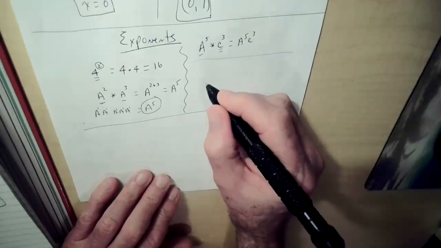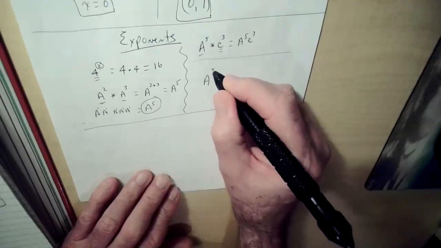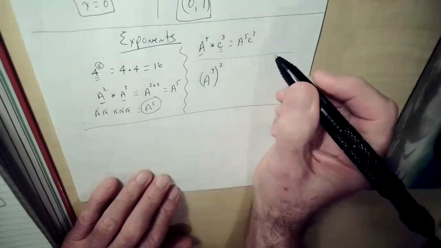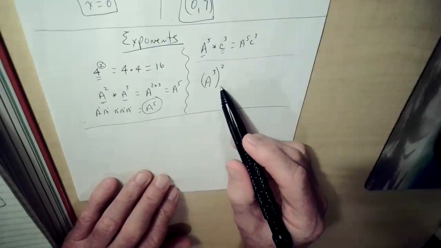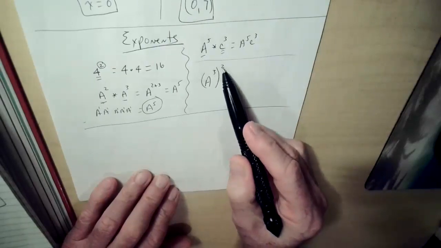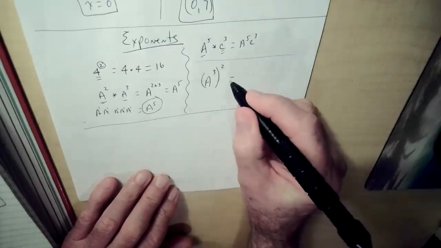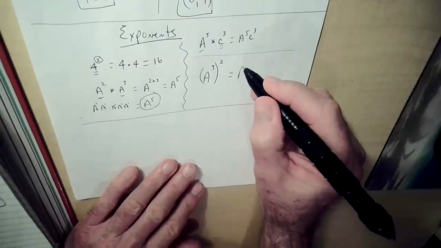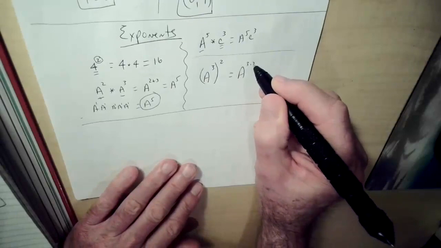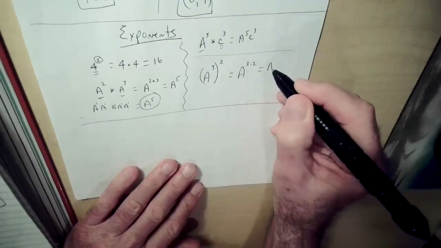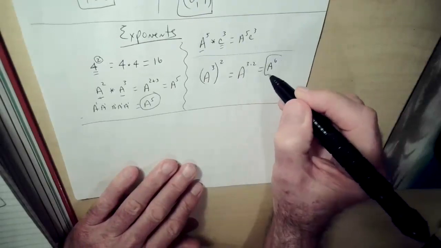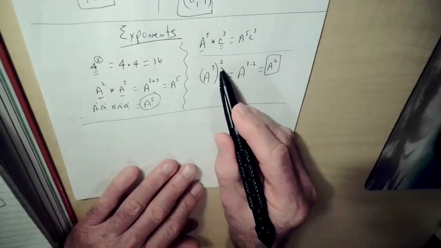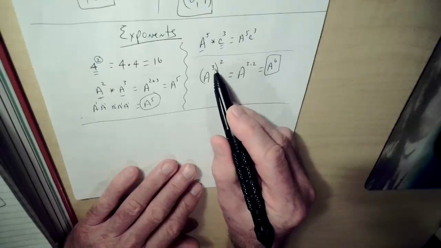Now the power rule is if you have a power raised to a power, like a cubed, squared. The formula that I gave you will say a to the 3 times 2, which is a to the 6th.